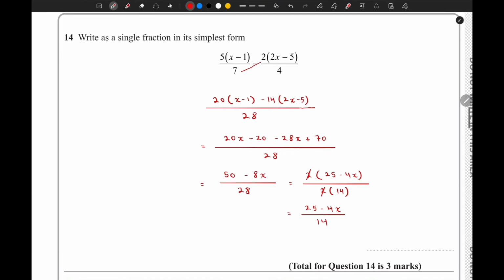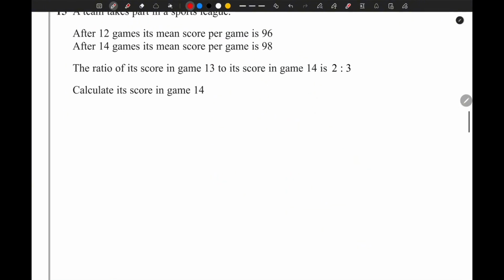Now, a team takes part in a sports league. After 12 games, its mean score per game is 96. So we know that the mean is equal to the summation of all the scores, let's call it summation of x, divided by the total number of values. In this case, the frequency, which is the total number of games, is 12.